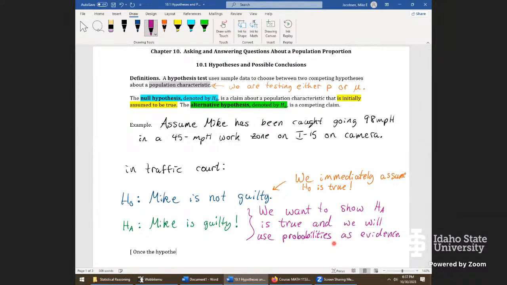Once the hypothesis test starts, we will present evidence. For us, again, that's going to be probabilities, and make this argument.